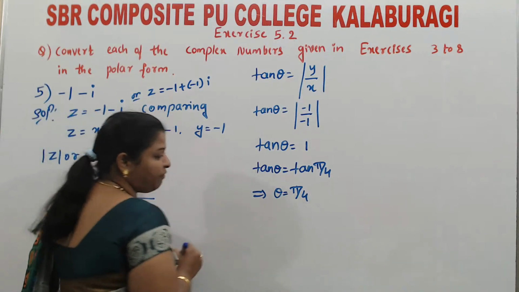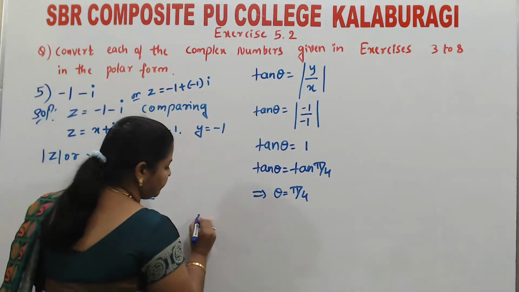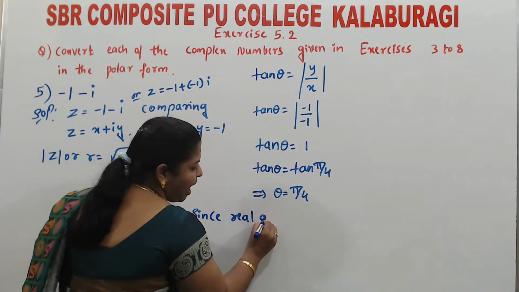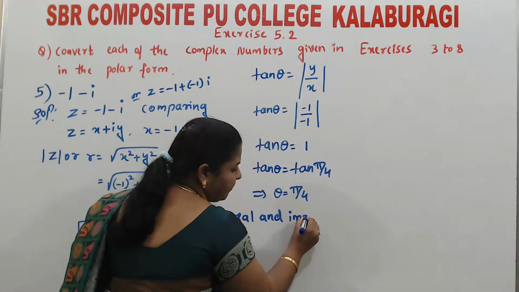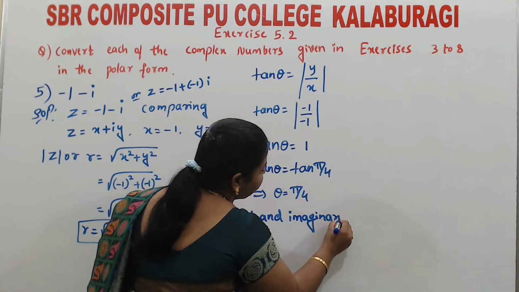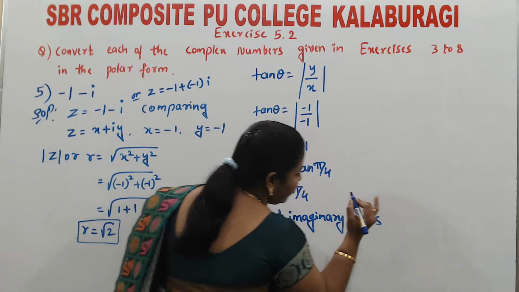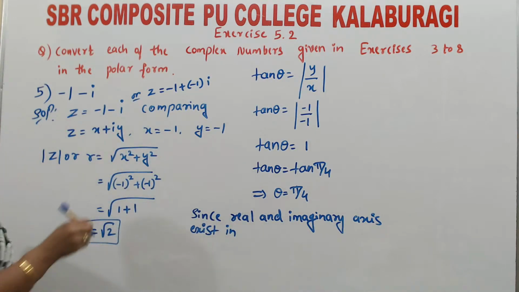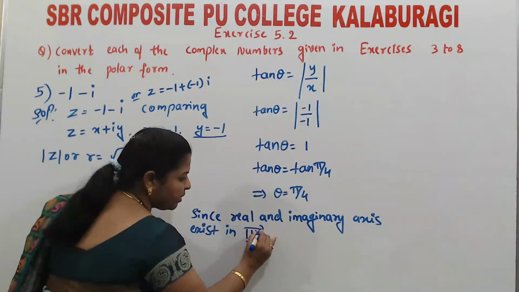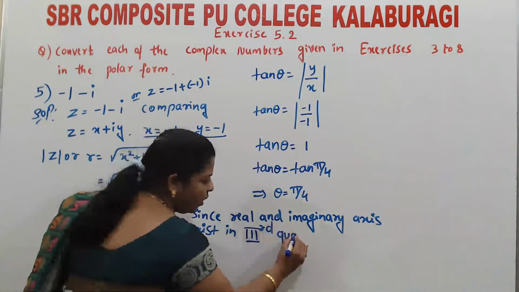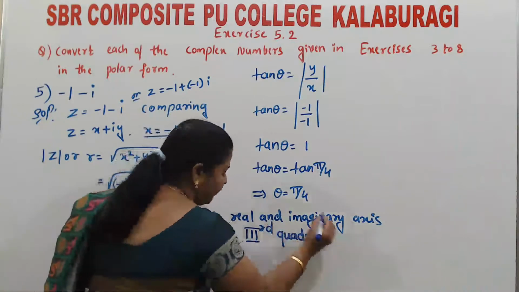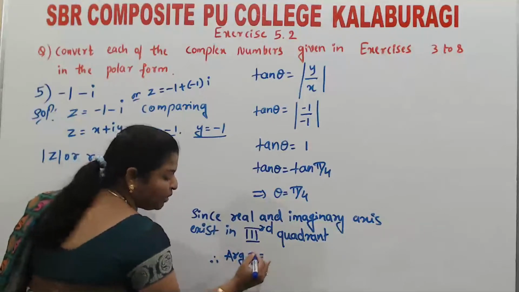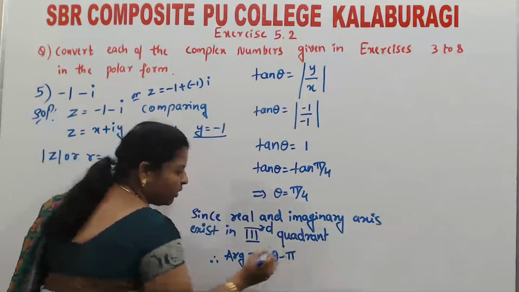After getting theta, we have to find the argument of z, right? Since real and imaginary parts exist in the third quadrant, right? In the third quadrant, therefore, argument of z is equal to, in the third quadrant how do we write?